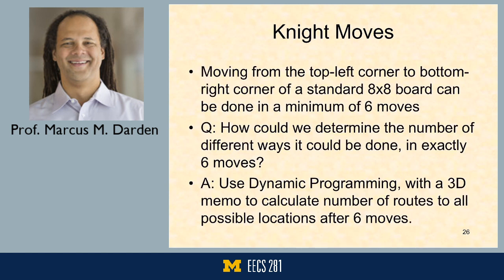The problem that we're going for is saying, I'm going to move a knight from the top left corner to the bottom right corner of a standard 8x8 chessboard. Can be done in a minimum of 6 moves. It can be done in more, of course, but it can be done in 6. The question is, if I can make 6 moves and get from the top corner to the bottom corner on the opposite side, how many ways can I do it?